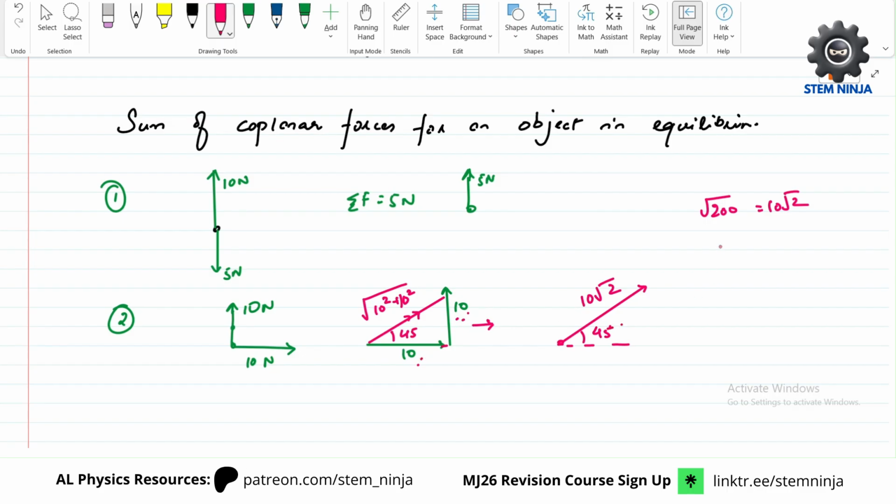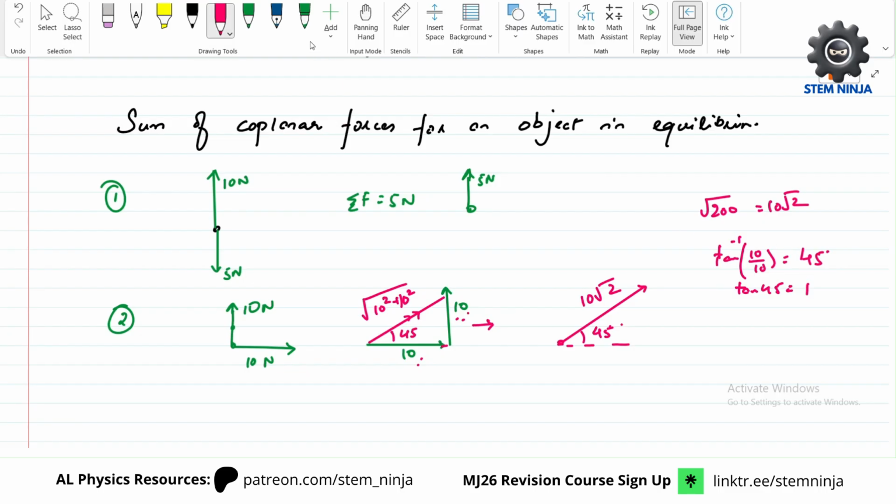Because tan of 10 over 10 is 1, or tan inverse of 10 over 10, which is 1, would give you 45 degrees. Sorry, I miswrote it before.